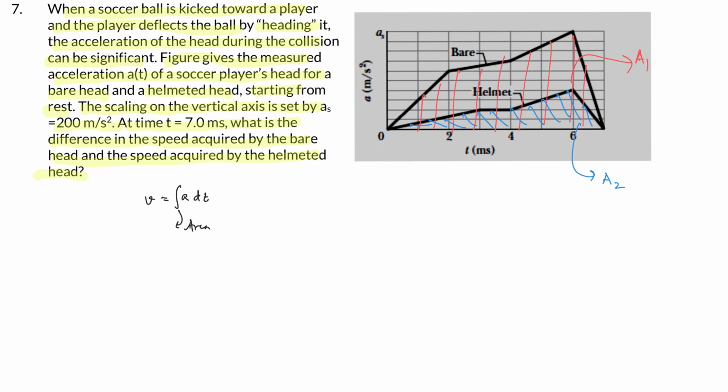So the difference is the difference of areas. So the difference in speed is equal to A1 minus A2, or by finding out the area between these two lines, you can also find this difference.